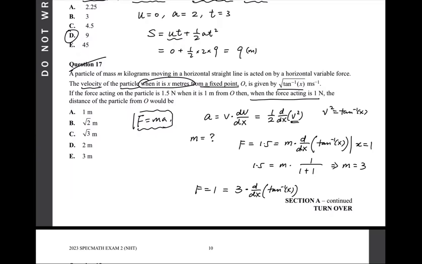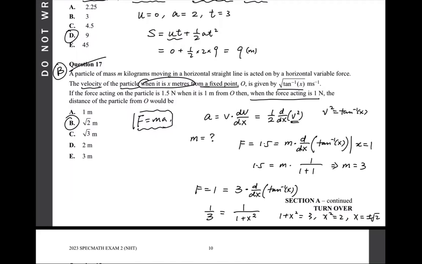Now, we don't know the particular value of x. So 1/3 equals 1 over 1 plus x squared, okay? Then 1 plus x squared equals 3, x squared equals 2, so x equals plus or minus root 2. But the question says the distance of the particle from O, so we take the magnitude.